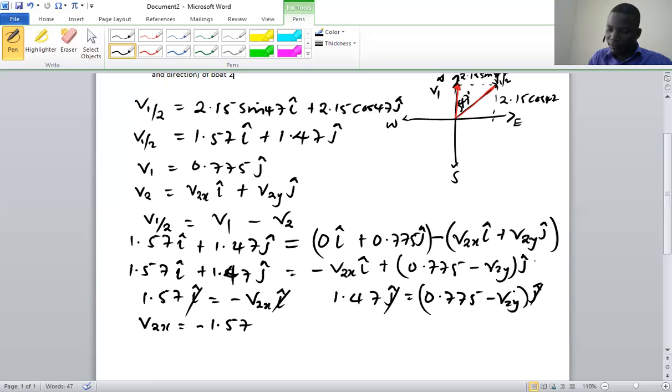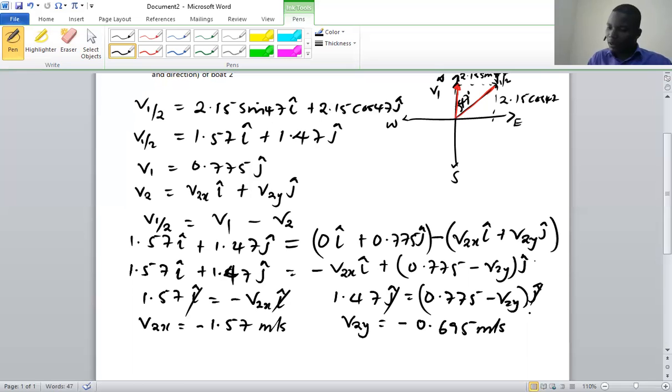Remember that v2y has a negative in front, so v2y is equal to negative 0.695. Of course, these are in meters per second.